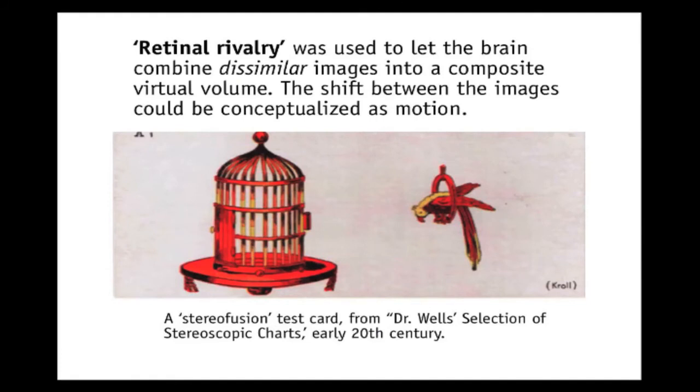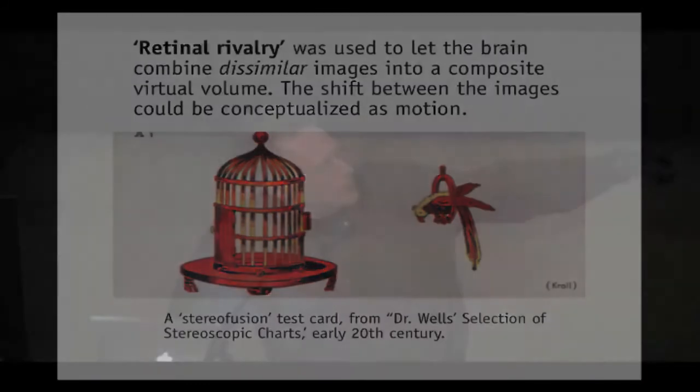This is part of a well-known early 20th century series called Dr. Wells's Selection of Stereoscopic Charts, where the idea is that putting this device, which doesn't look like a stereoscopic view at all, in the stereoscope, and when you start twitching your eyes, you actually see that bird, you have a way of making that bird end up inside that cage and out again.